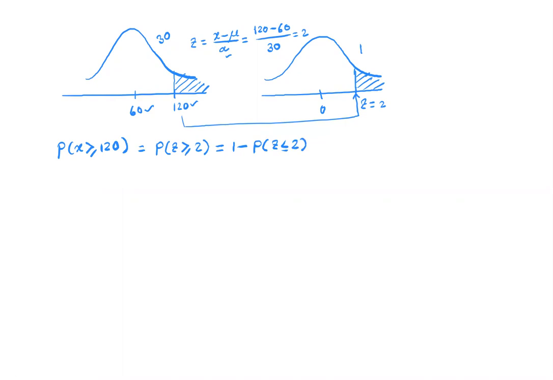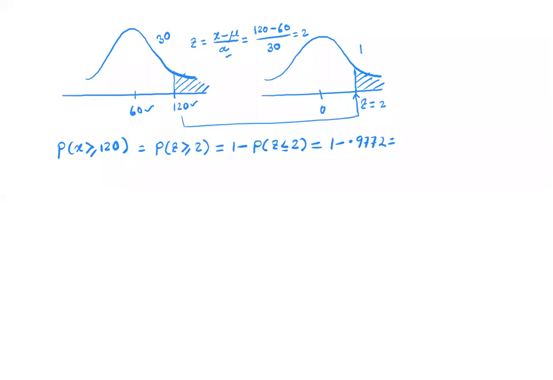Now, if you look it up in the table, you should get some value. Can somebody tell me what the value is for z equal to 2? Somebody please look it up. 0.9772. Thank you. That is correct.